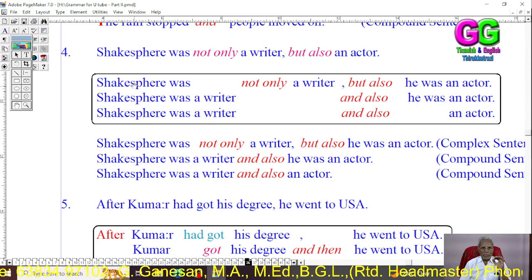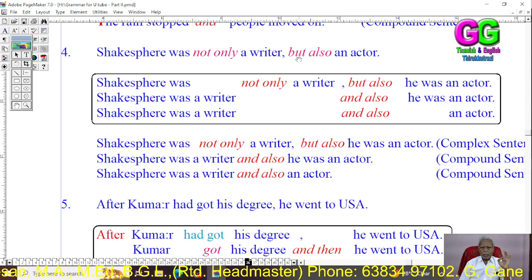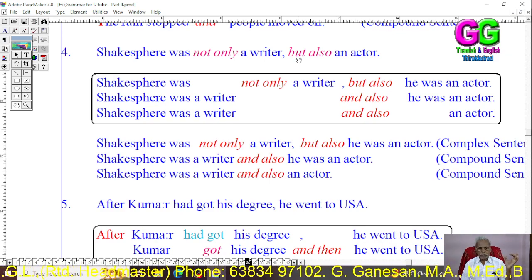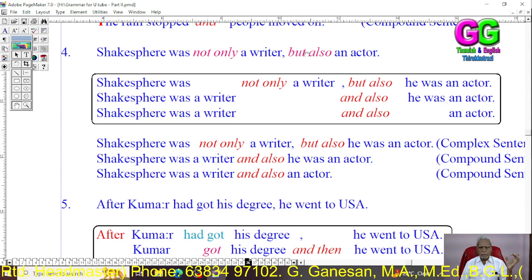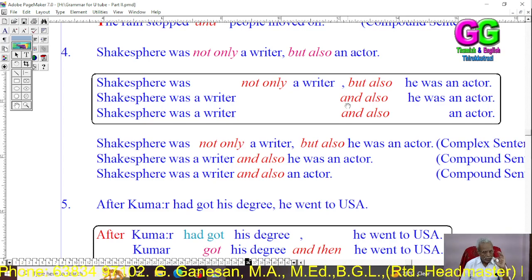So keep the subject as it is and the verb as it is. Not only has been removed, and but also we should remove. And in that place we should use the compound conjunction. Not only but also is the complex conjunction. Its compound conjunction is and also.